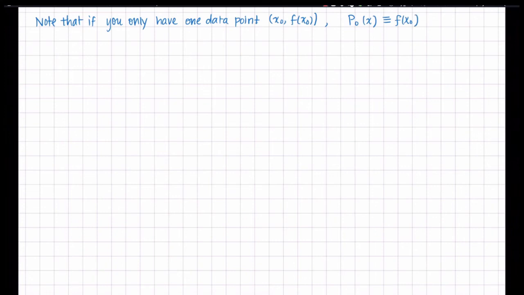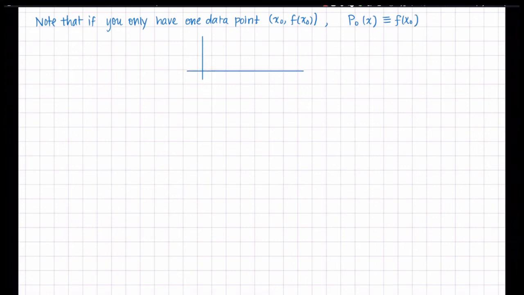Note that if you only have one data point, x naught, f of x naught, then your degree 0 polynomial p naught of x is identically f of x naught. You output the constant only.